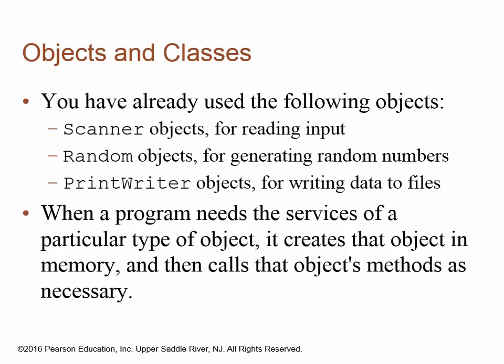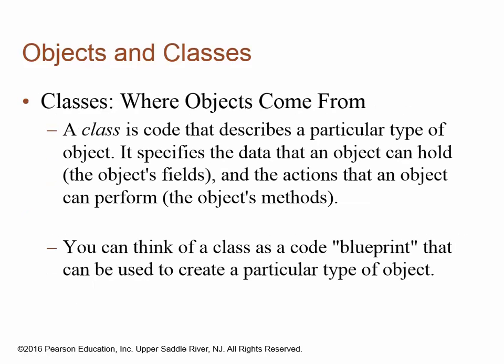We've already used the Scanner object, the Random object, the PrintWriter object, etc. Notice as it says here, when a program needs the services of a particular type of object, it creates that object in memory and then calls the methods that the object has to do whatever work is necessary.